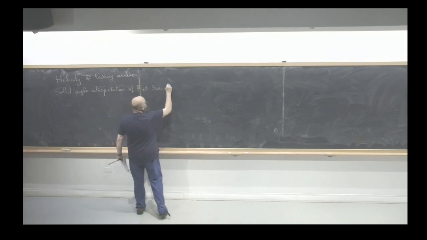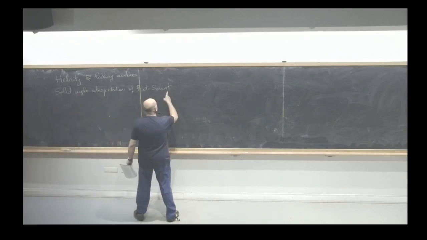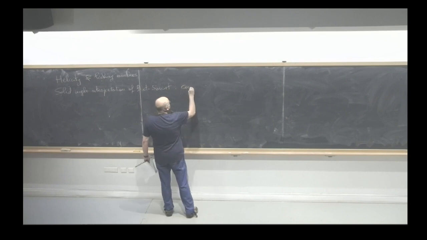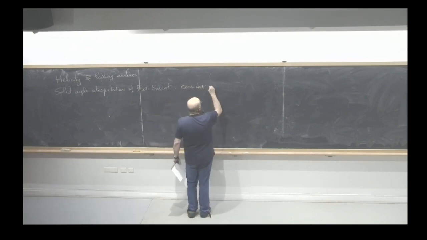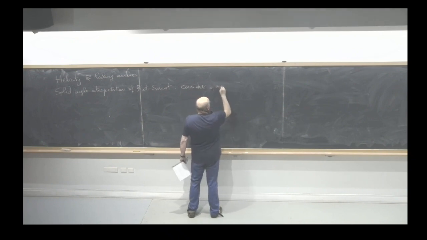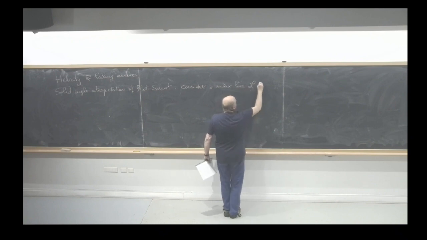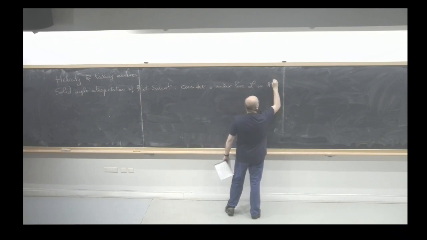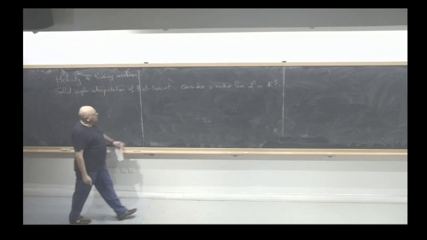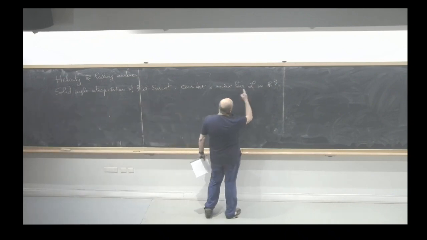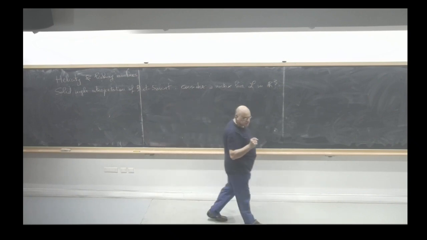Okay. So in order to do this, consider, I said, a very simple case, consider a vortex line, say L, in R3, okay? And then, instead of a line, maybe better to think of a very thin vortex filament.